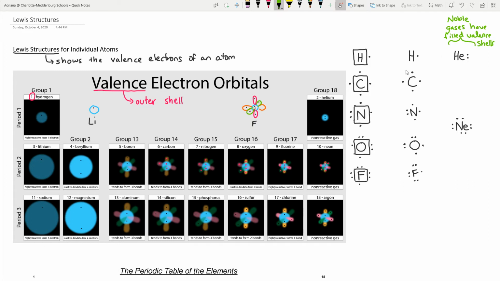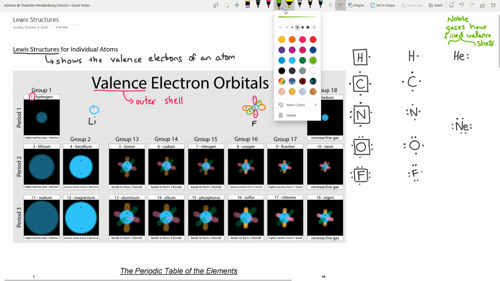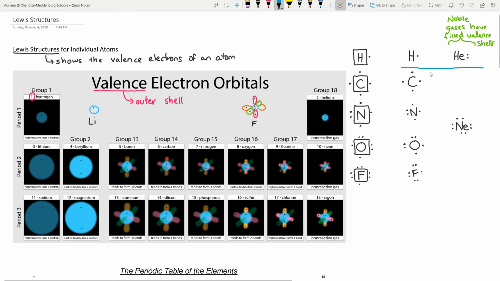And so for most of the elements, everything except for hydrogen and helium, this has a special name, and this is called the octet rule. So let's talk about the octet rule here for a second. These elements here are said to have an incomplete octet.